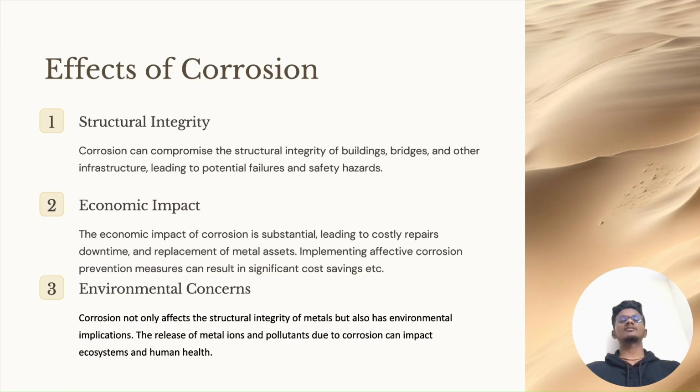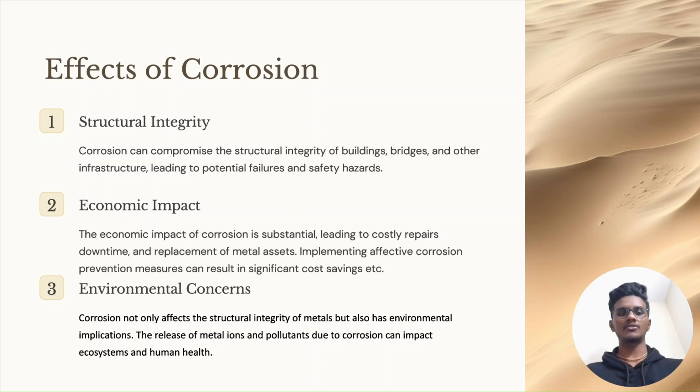Effects of corrosion. Structural integrity. Corrosion can compromise the structural integrity of buildings, bridges and other infrastructure, leading to potential failure and safety hazards. Economic impact. The economic impact of corrosion is substantial, leading to costs of repair, downtime and replacement of metal assets.